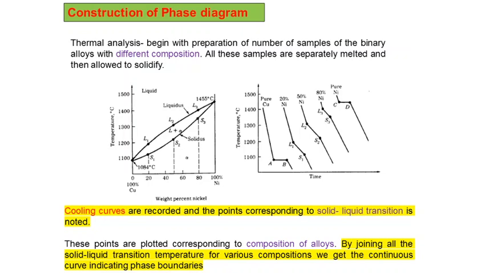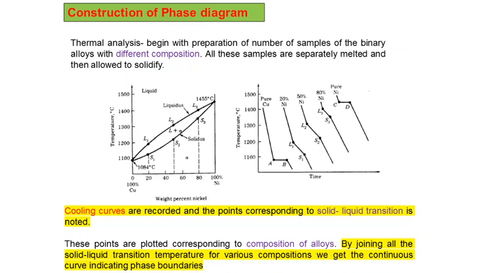Initially we will have a pure copper material and a pure nickel material. Then we will make an alloy of 20% copper and 80% nickel. Then another alloy of 40% copper, 60% nickel, then 60% copper, 40% nickel, 80% copper, 20% nickel. So we have at least 5-6 samples of different composition.